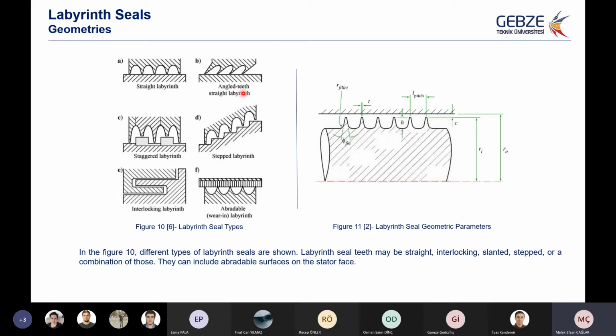However, this depends on how much space you have available in your engine. Some of the design parameters I mentioned, like number of teeth, angle, pitch, tip thickness, clearance, etc., we can see in this figure, so it makes better sense.